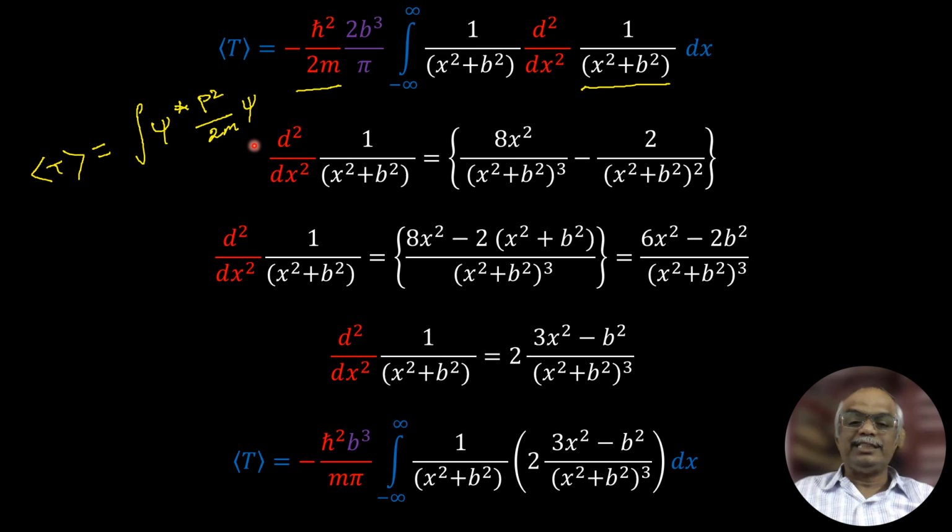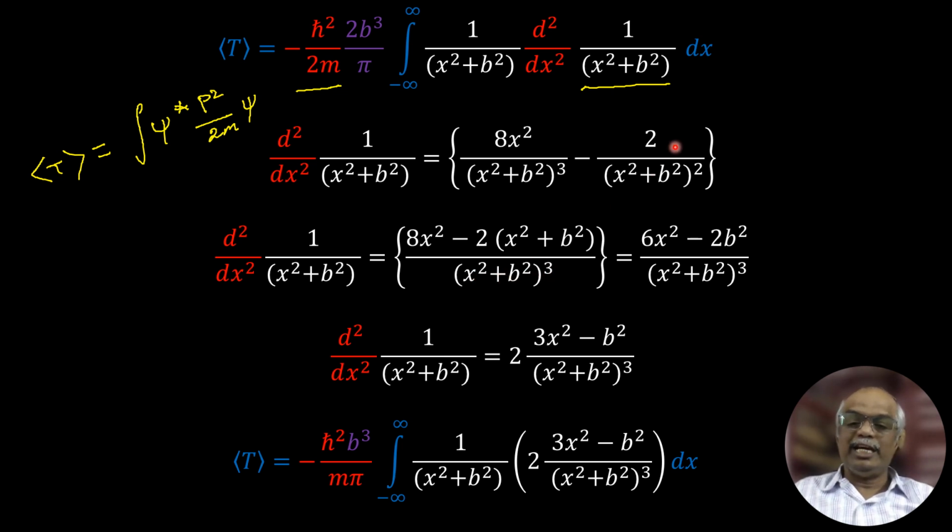If you take the second order derivative, then it is very simple and straightforward. You will get 8x squared divided by (x squared plus b squared) power 3 minus 2 divided by (x squared plus b squared) whole squared. Now here it's a square, here it is a cube. I want to make the denominator common, (x squared plus b squared) power 3.